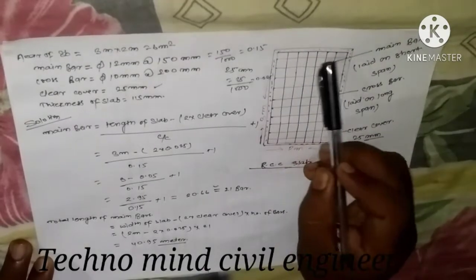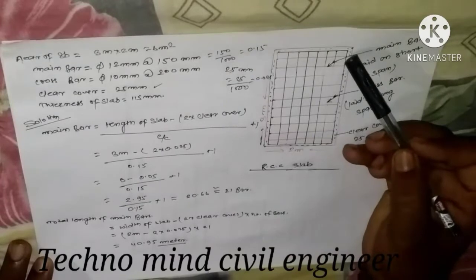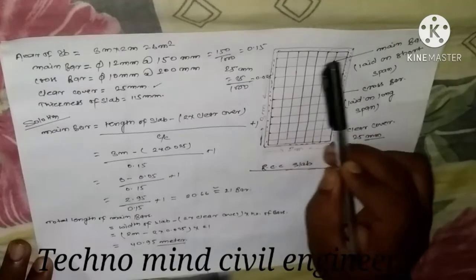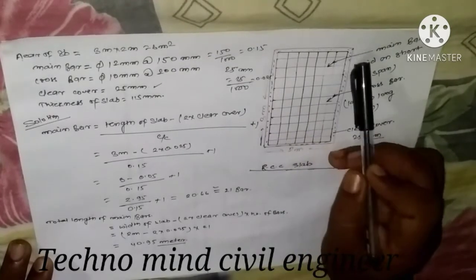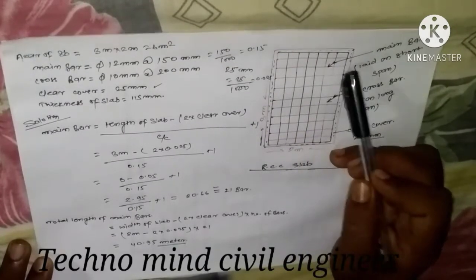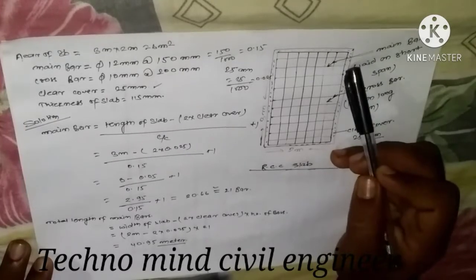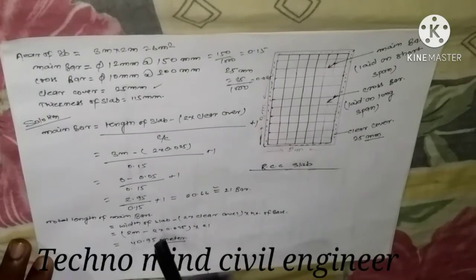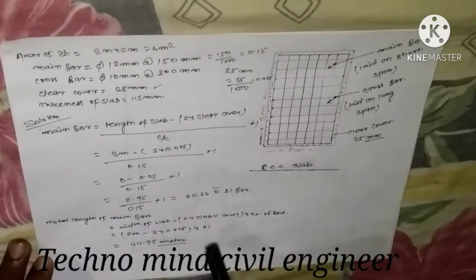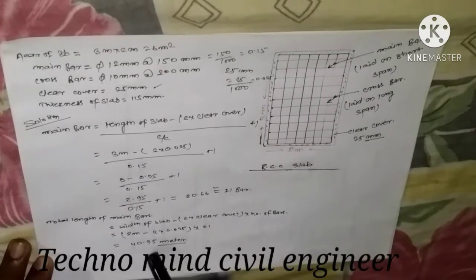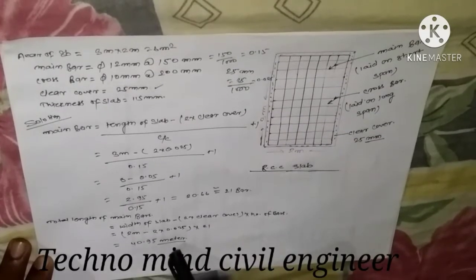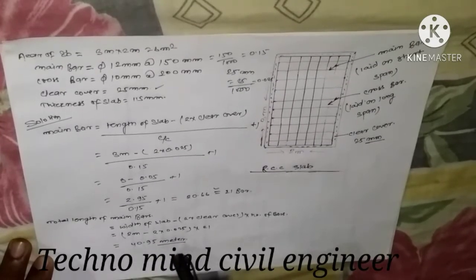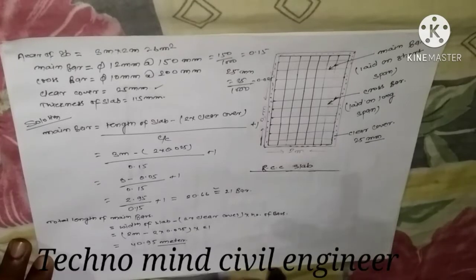We subtract the clear cover at both ends to get the length of one main bar, then multiply by the total number of bars. 2 meter minus 2 into 0.025, into the number of bars, is equal to 40.95 meter. The total length of main bars is 40.95 meters.